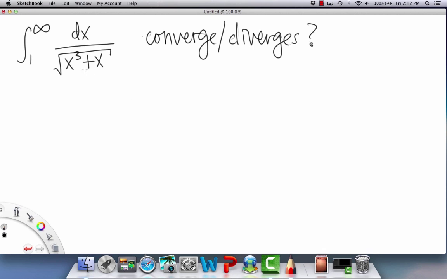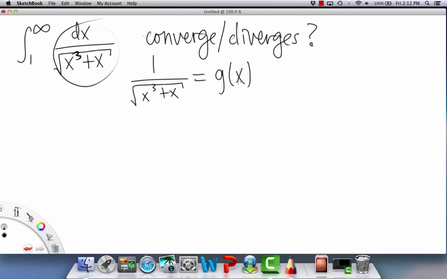So in all the comparison test problems, the basic concept behind it is just that your given function here, our 1 over the square root of x to the third plus x, that is your g of x. That's the thing that you're trying to squeeze in between 0, again, this means the x-axis, and so this is our middle function kind of thing.